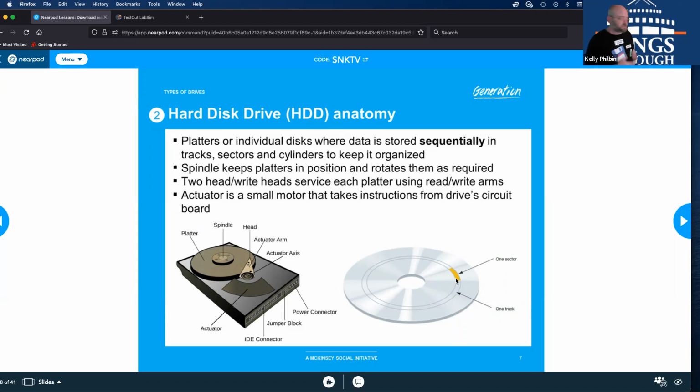Because when you initially write to the drive, it puts everything in order. But the problem is as you delete and rewrite, it has to write things scattered over the drive rather than in a contiguous block in one section. So we use the process of defragmentation to put everything that is supposed to be together, speeding up our ability to read and write from the drives.